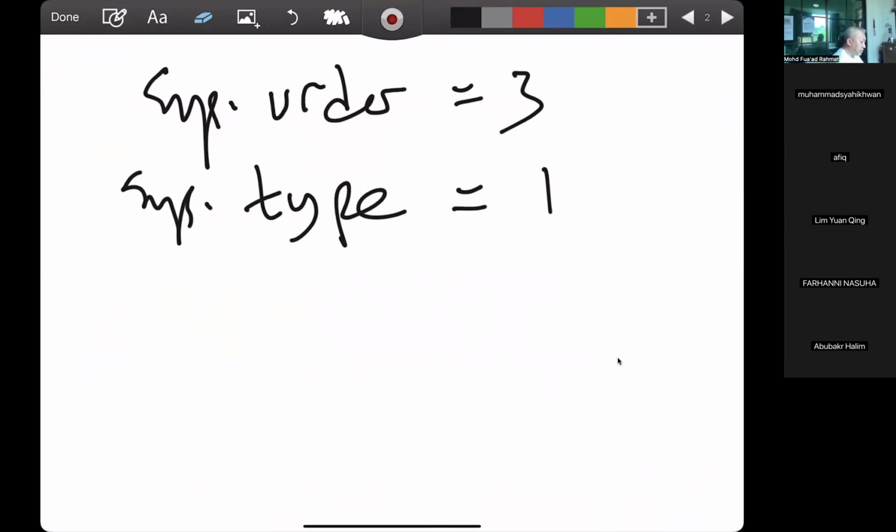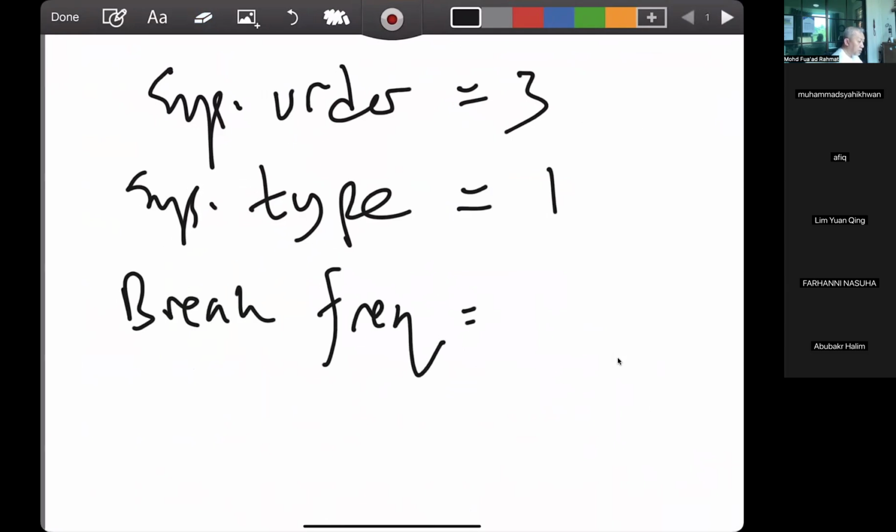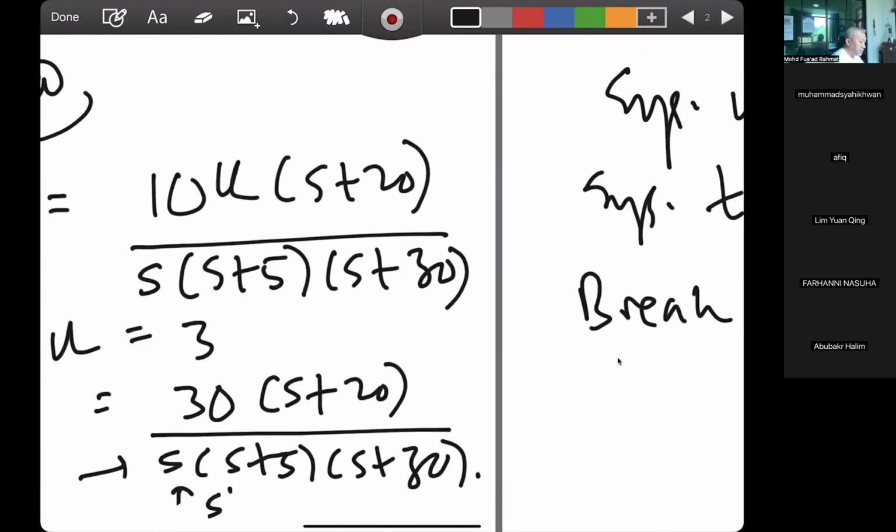Okay, so the break frequency, if you look at here, we have to somehow normalize.